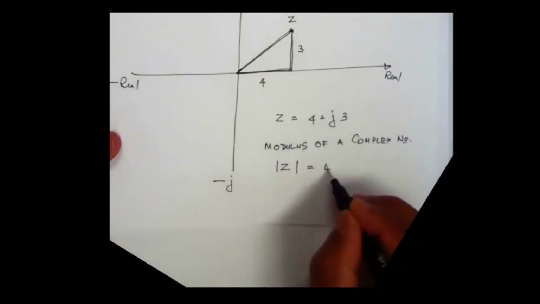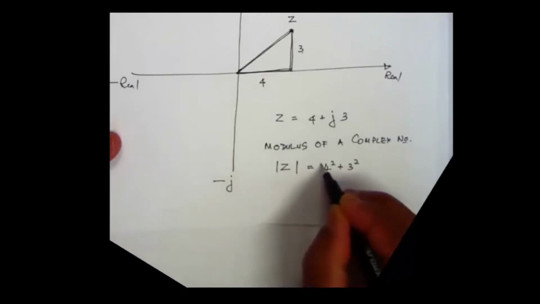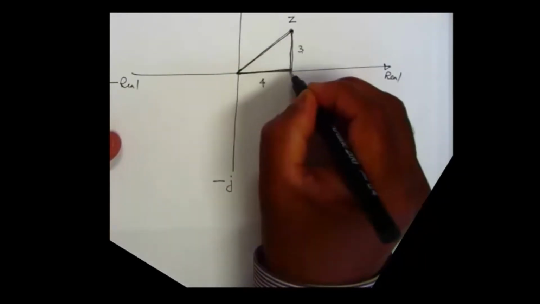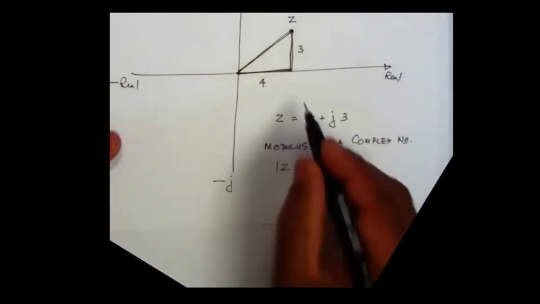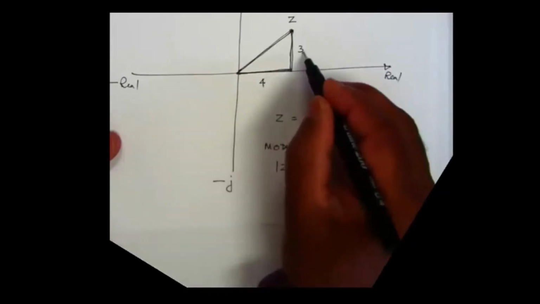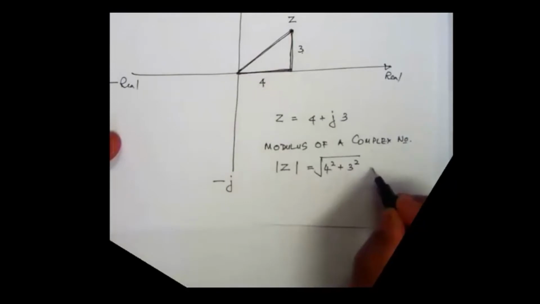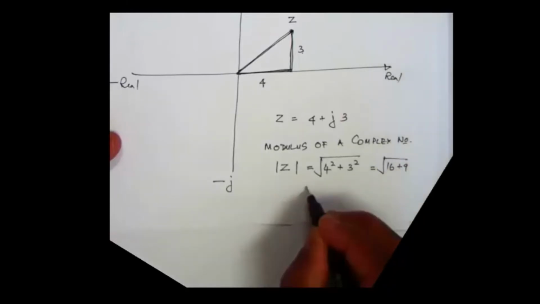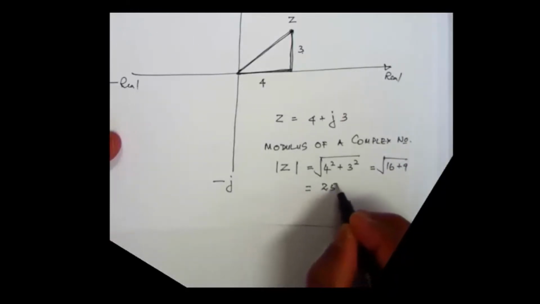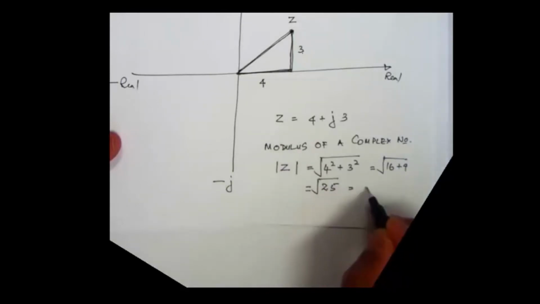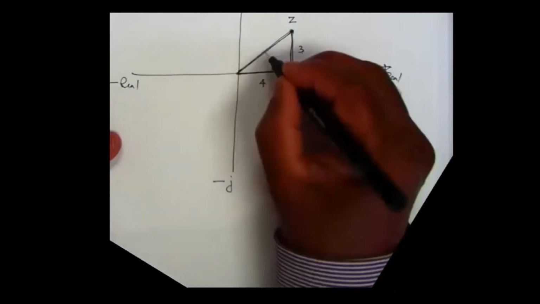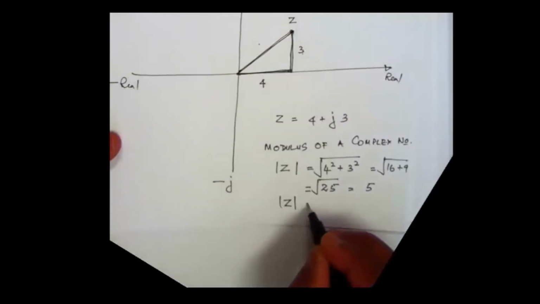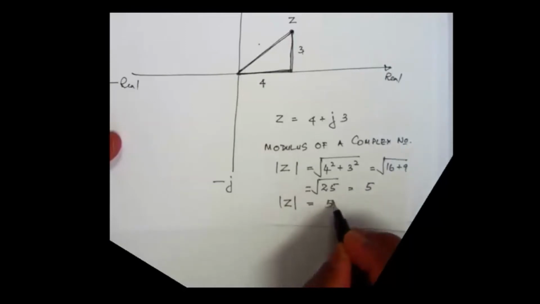So that is the square root of 4 squared plus 3 squared, because we know this is a right angle triangle, and from Pythagoras theorem it will be the square root of 4 squared plus 3 squared, which is the square root of 16 plus 9, which is equal to the square root of 25, which is equal to 5. So the length of this, the magnitude of this, or the modulus of this complex number is 5.